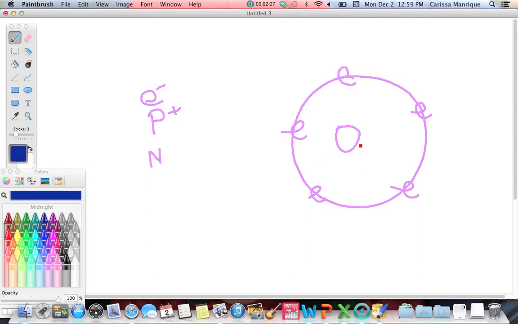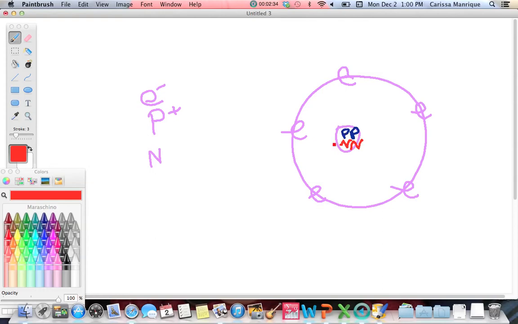These are protons in here. Proton, proton, and then we have some neutrons. Neutrons, neutrons. Okay, so here we go.